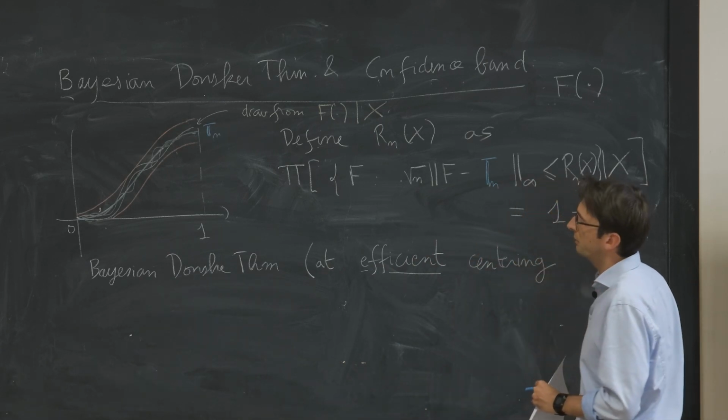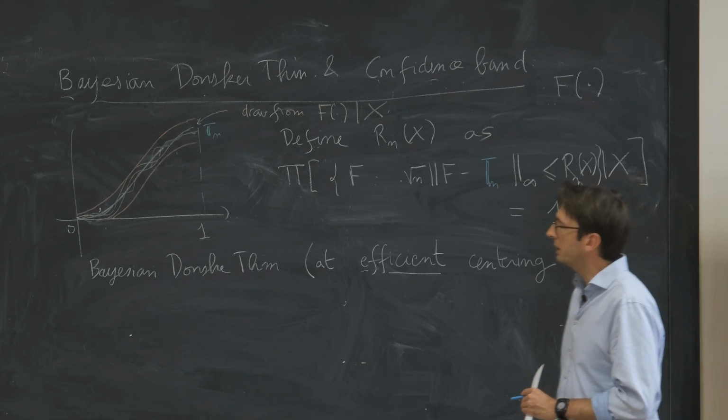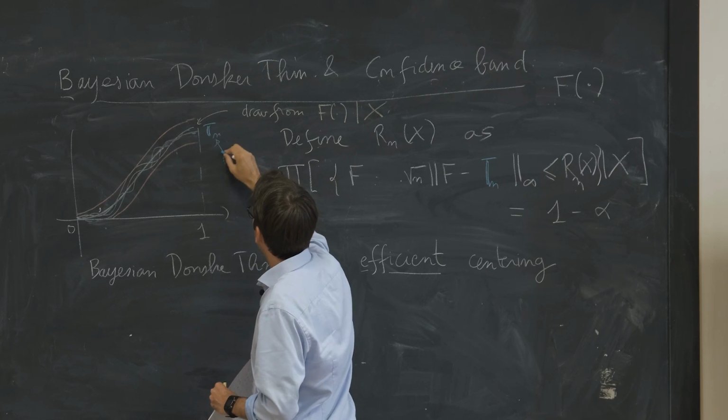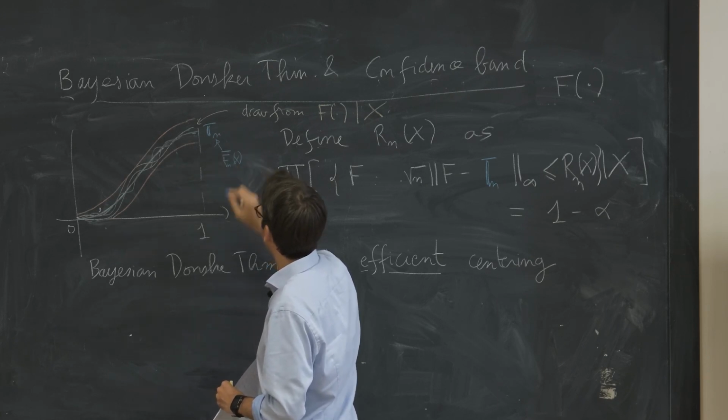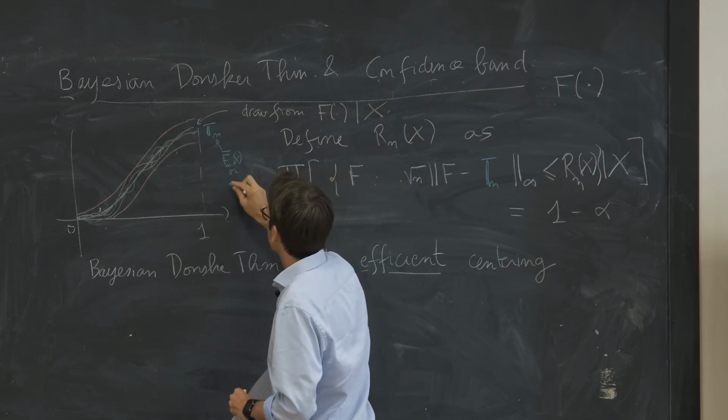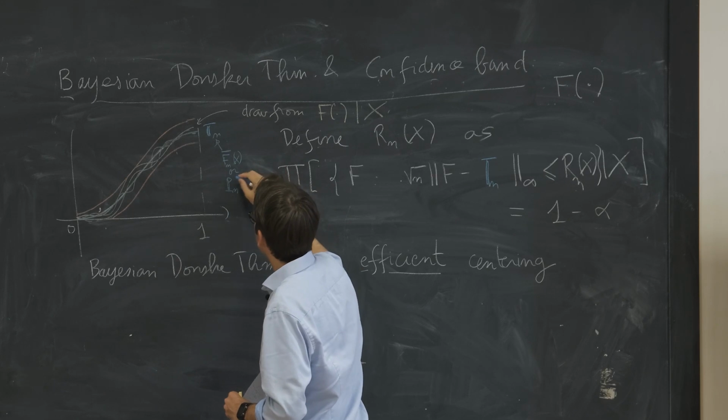Either you prove that the posterior mean, F bar n, is an efficient centering, or you can take something like the empirical distribution, but truncated.